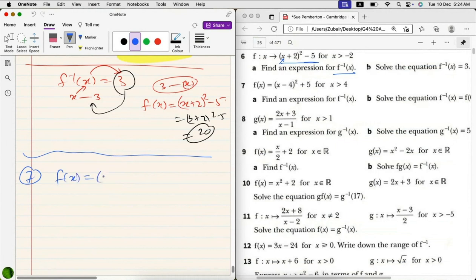f of x is equal to (x minus 4) whole square plus 5. Now there's a turning point.